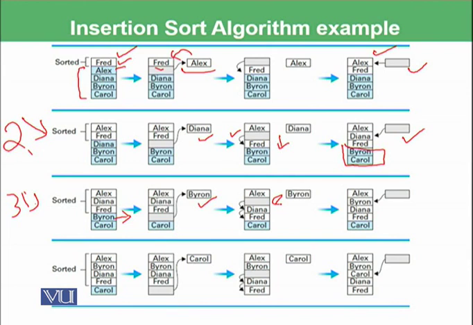Then at the end of this third step, Alex, Byron, Diana, Fred are sorted and Carol is not sorted. Then Carol is picked up, the location is found, and Carol is put in that location. After the execution of this fourth step, the whole list is sorted in proper order.